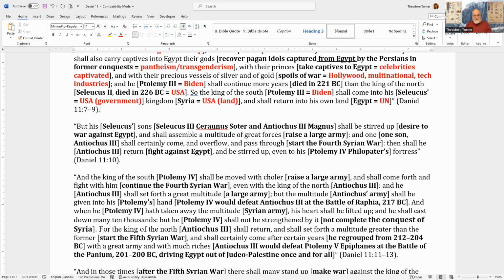That is, he does not seem to have accepted our understanding of Millerite history, where we have marked 9/11 as the arrival of the second angel, and midnight as Raphia, pardon me, and midnight cry as Panium, and the Sunday law as October 22nd, 1844. So that line seems to have disappeared.